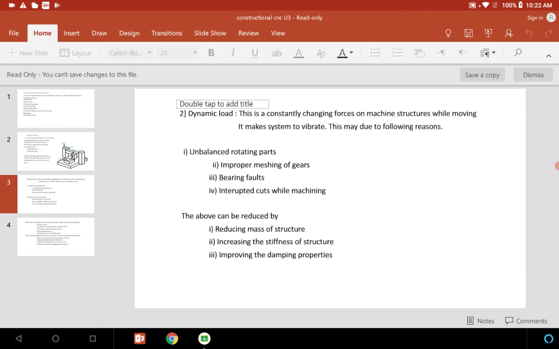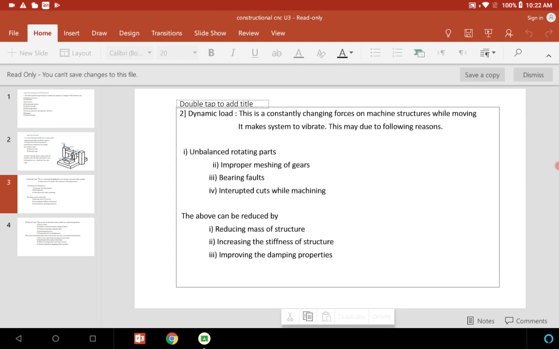One of the reasons you can take is unbalanced rotating parts, then gears, improper meshing of gears, then if there is any problem in the bearings due to rotation, you can take it that faults are treated as a kind of load only, which are not balanced.